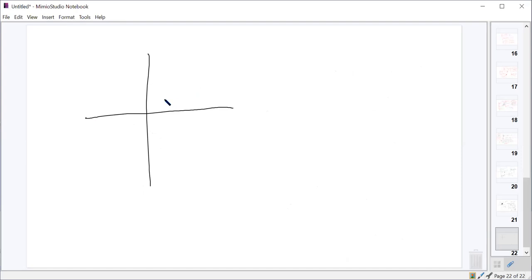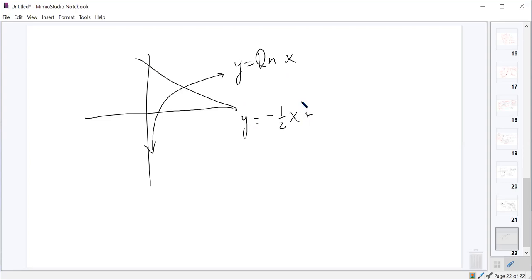So suppose I gave you the function, let's go with the natural log of x, and I gave you, I don't know, we'll call that y equals negative 1/2 x plus 6.